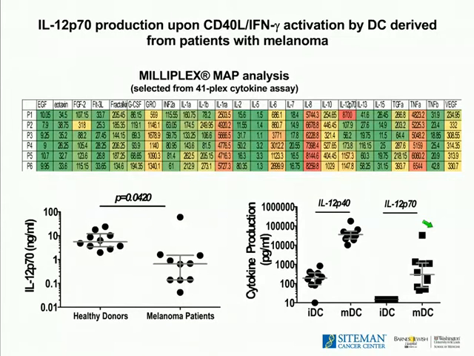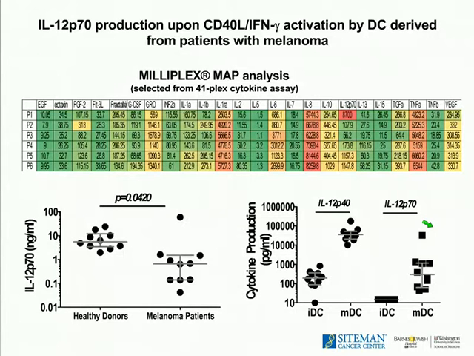So just briefly, IL-12 is called IL-12 P70 because it's composed of two chains. It's a heterodimer made of P40 and P35. P40 can be secreted as a monomer. P35 cannot come out of the endoplasmic reticulum unless P40 is present.